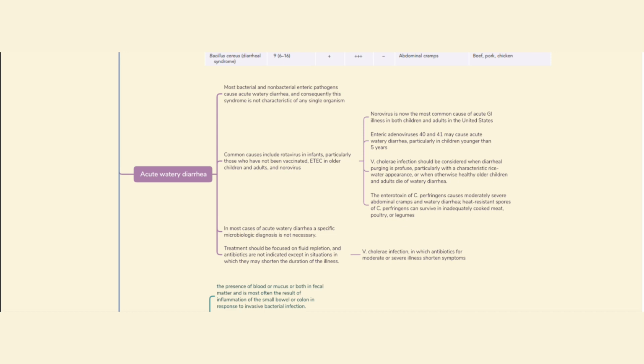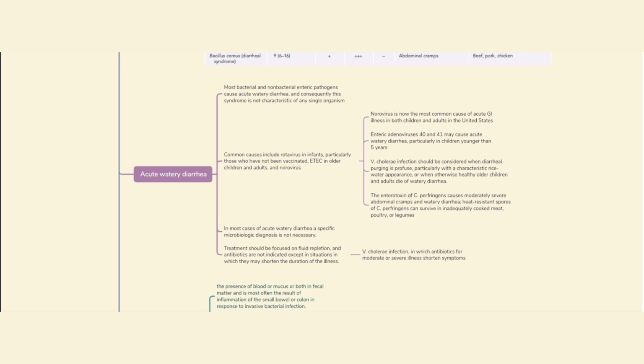We will have in children a high incidence of rotavirus, especially for those non-vaccinated. In older children, we will have ETEC, and in adults, which is enterotoxigenic E. coli, and you can have norovirus.